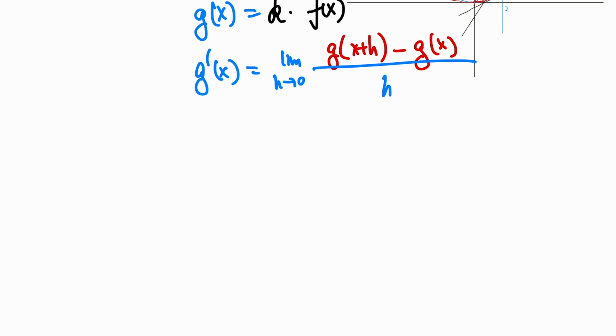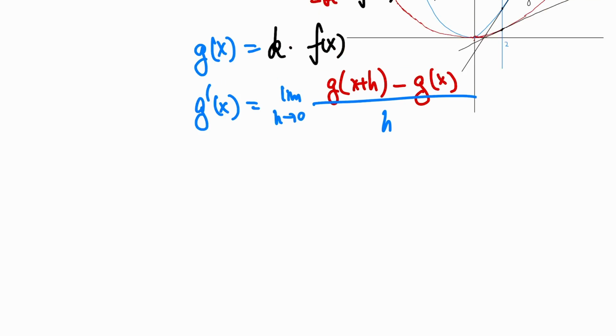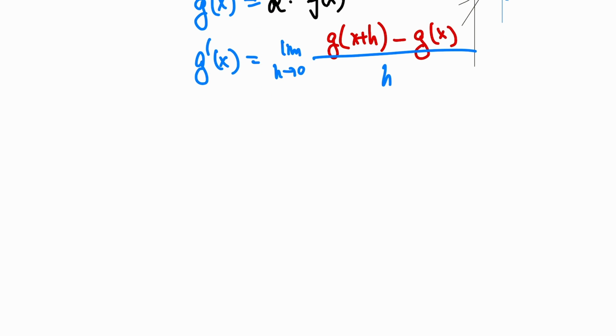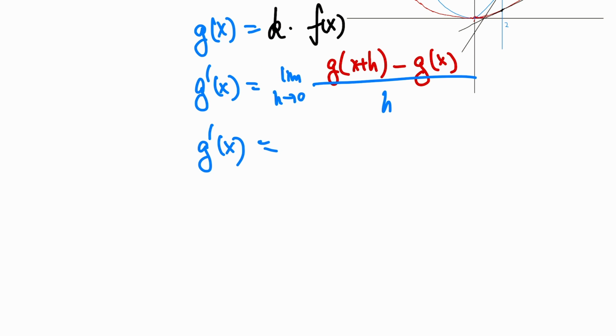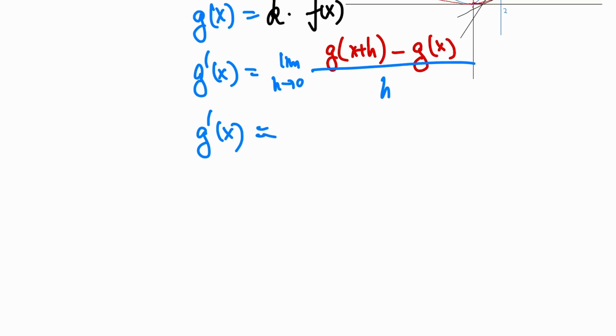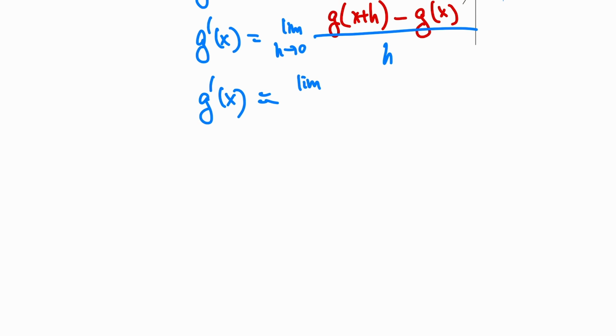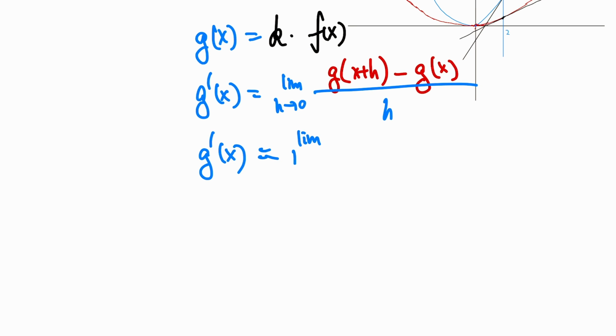We want to get rid of all of the g because this is a function that we set up, and we actually just want everything in terms of f of x. So expanding it using this definition, we get the limit as h approaches 0 of k times f of x plus h minus k times f of x, all over h.